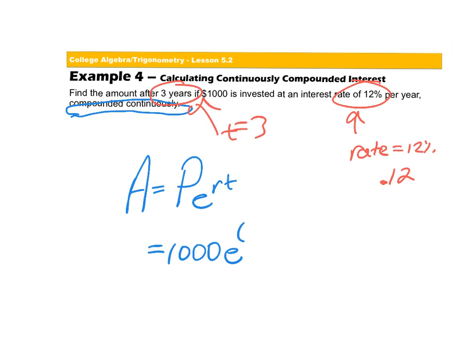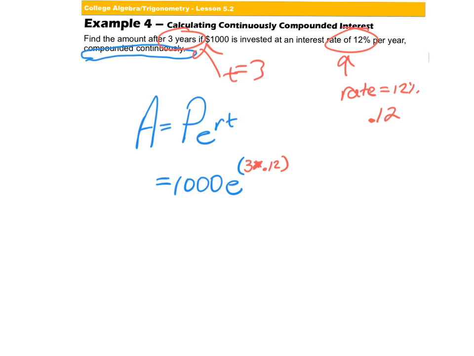So I say 3 times 0.12. Put all of that in your calculator. That's a times sign, it's not an x. So it's 1,000, hit second e, and then in parentheses, 3 times 0.12. And what do you guys get? 1433.33.